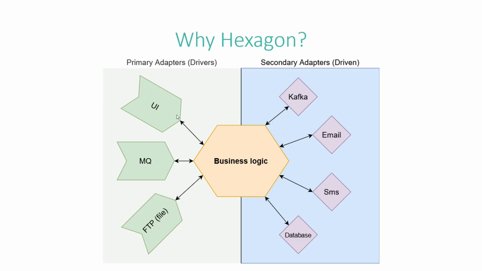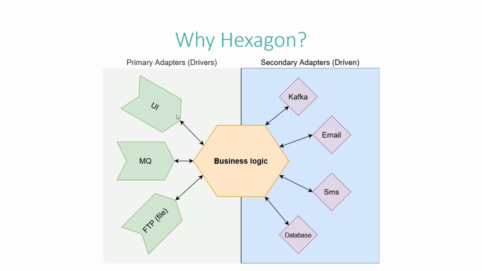On the left side, we have the drivers of the application. There can be multiple drivers like a user interface. It can be queues and messages in those queues which drive our application, our business logic. There can also be an FTP file and multiple others. So those are primary adapters, the drivers of our application.